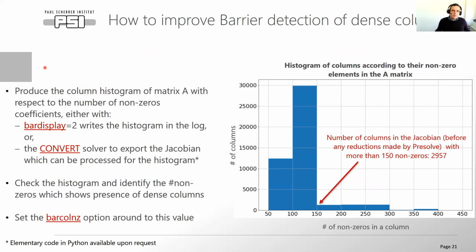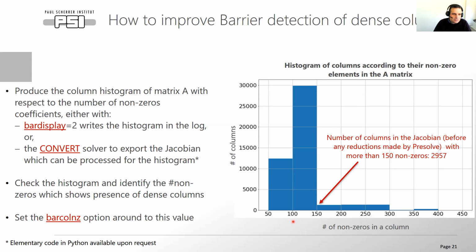For this, we can use the so-called column histogram of our constraint matrix. The column histogram of a constraint matrix is a histogram, as you can see in this chart, which displays how many columns have a certain number of non-zeros. The more non-zeros a column has, the denser the column is.